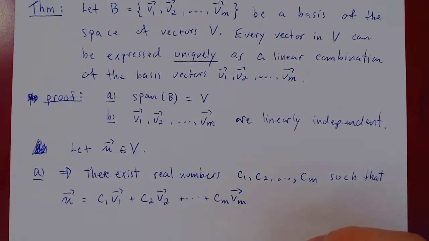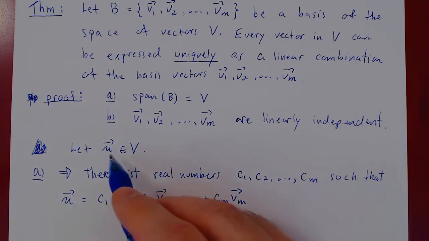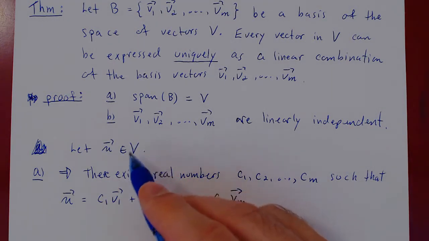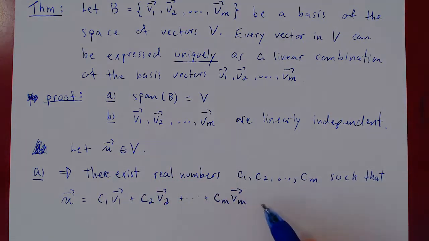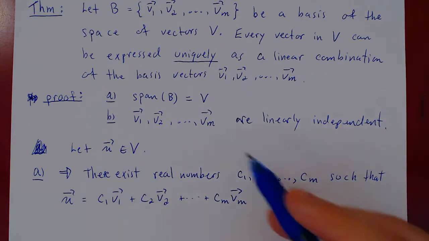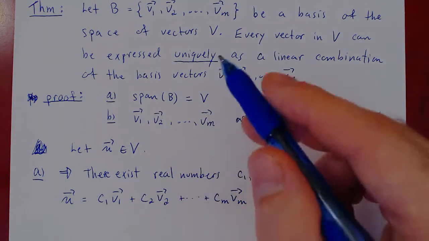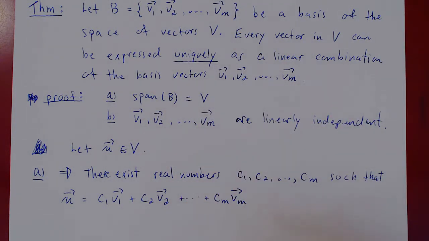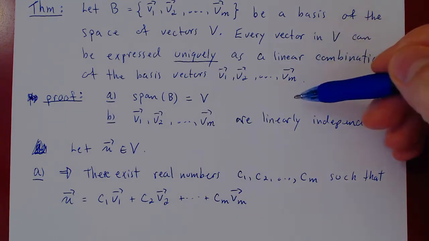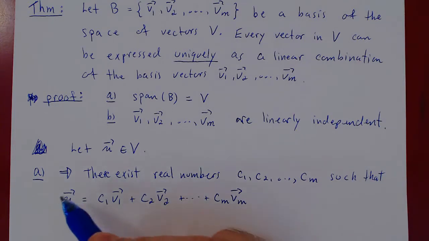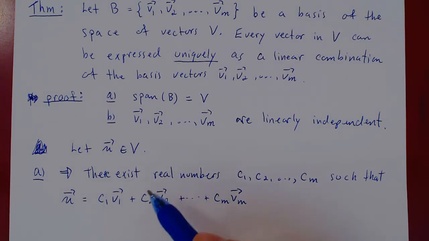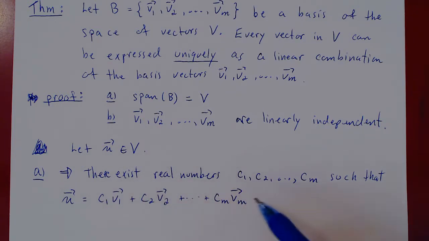Okay, so that's the first part. We have shown that any vector in the space of vectors u can be expressed as a linear combination of the m basis vectors because the span of B is equal to the entire space. The only thing missing from our proof is the uniqueness, that there is only one way of expressing u as a linear combination of v1, v2 up to vm.